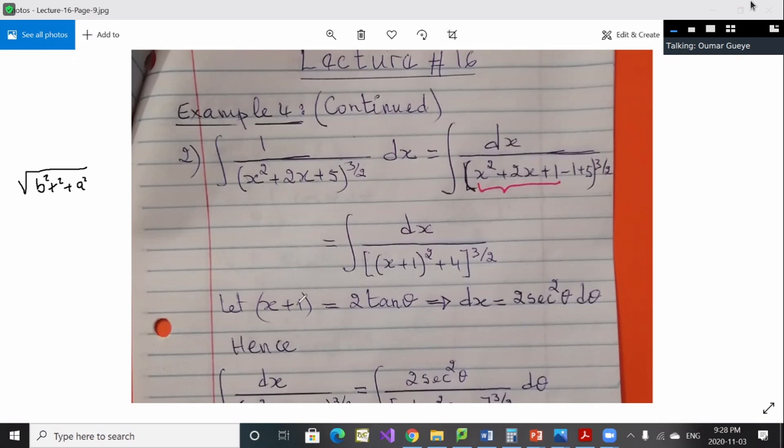In this case, what is b? b is equal to 1, and my capital X here is equal to all this bracket. x plus 1 stands for capital X, and this is my a squared. a squared is equal to 4. Again, here you have the summation of 2 squares. And for the summation of 2 squares, you know the substitution is going to be capital X.